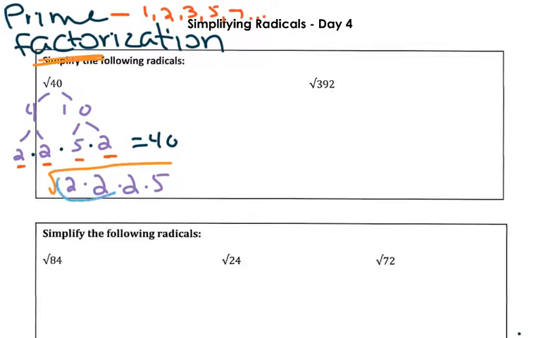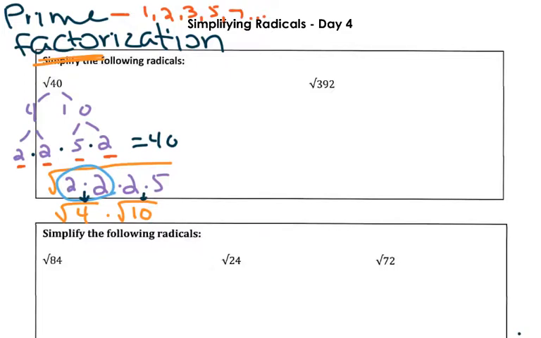So here's a pair right here. And then I could break this apart again and have radical 4, which is 2 times 2, times radical 10, 2 times 5, okay?